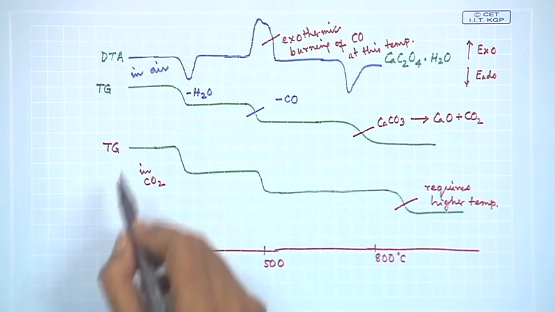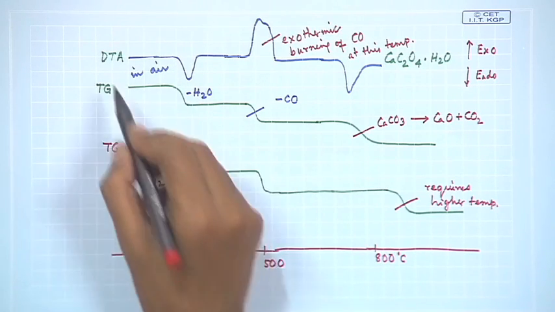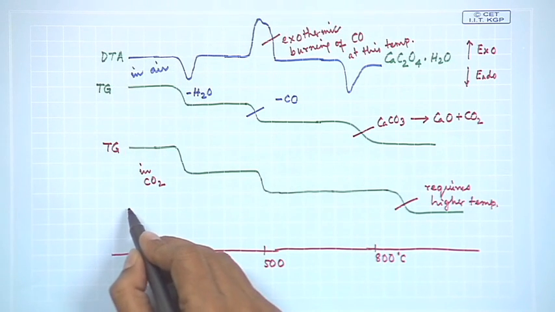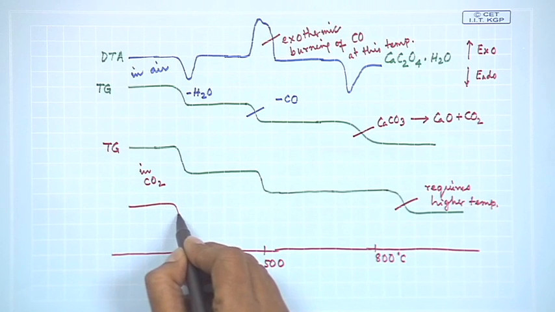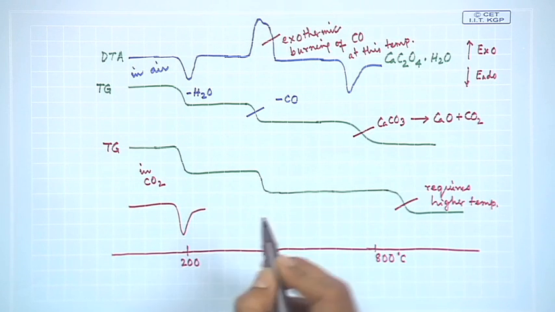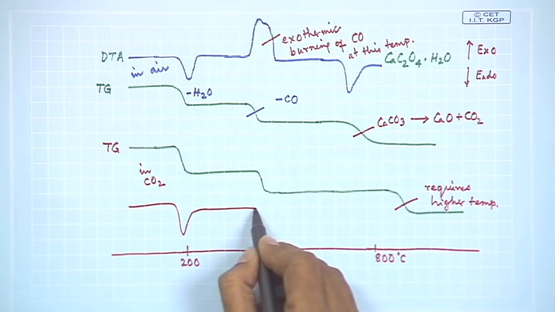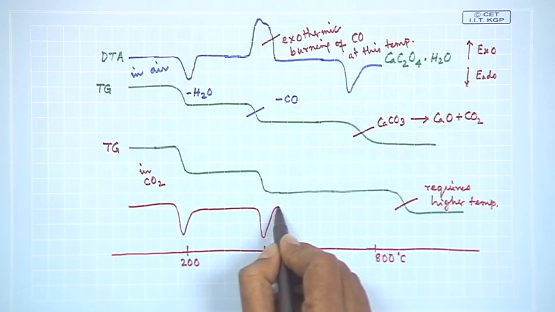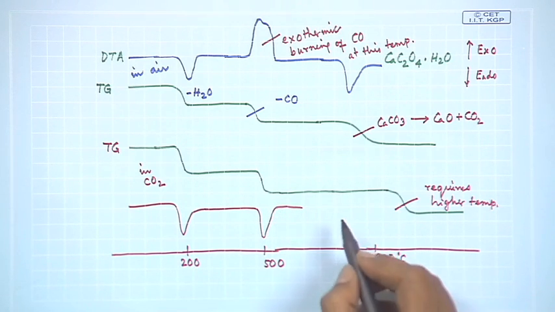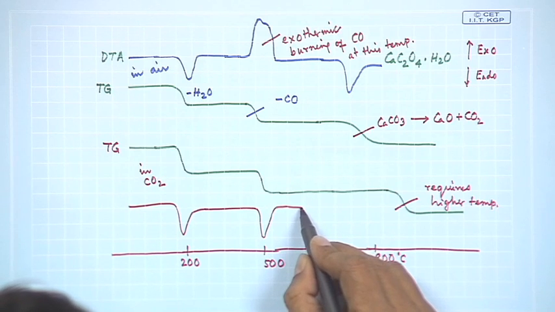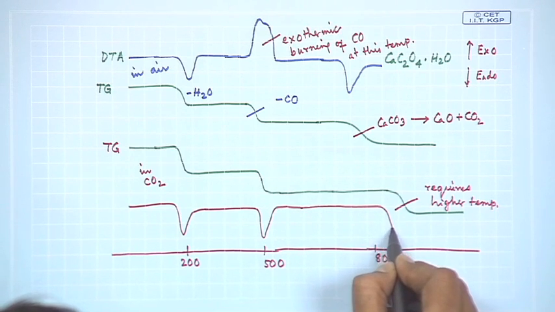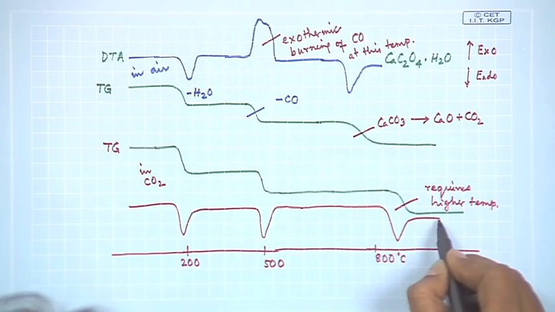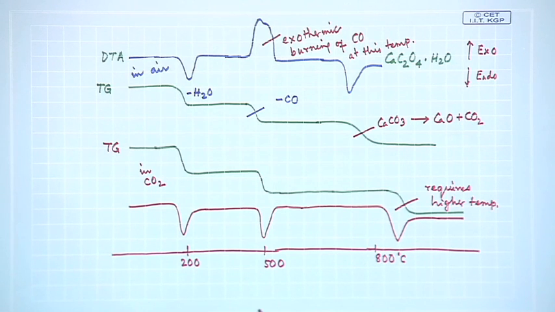So, what about the corresponding DTA plot? DTA plot in CO2. So, we will have a plot like this here, but now the second step is also endothermic in CO2, and we have the third one here like this.